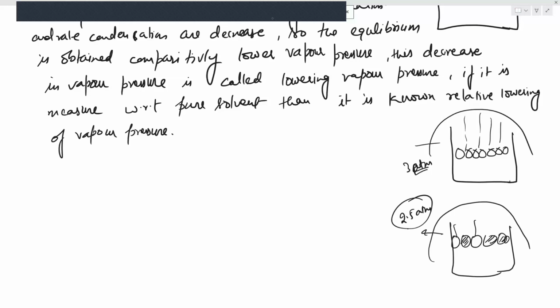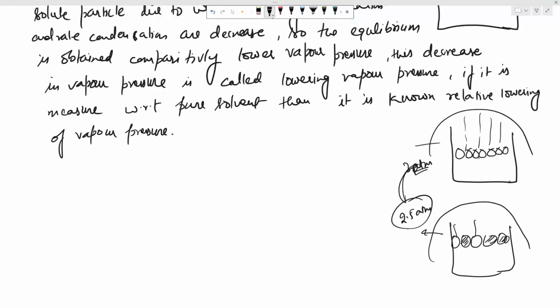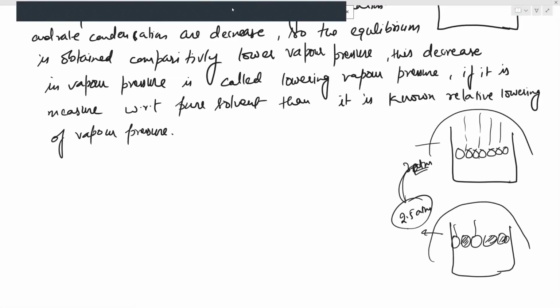Now the relative lowering of vapor pressure is the difference of these two, from the original to the present. So when you add some non-volatile solute to it, the original pressure of the pure solvent decreases because of the addition of the non-volatile solute, and this is known as relative lowering of vapor pressure.